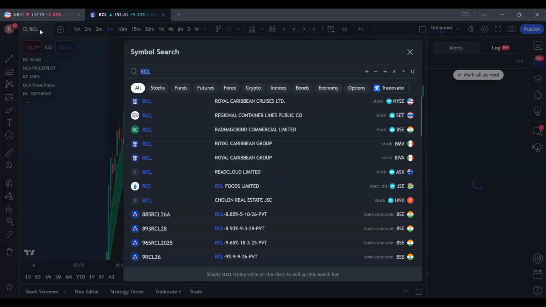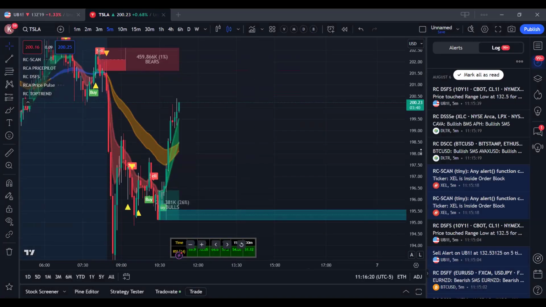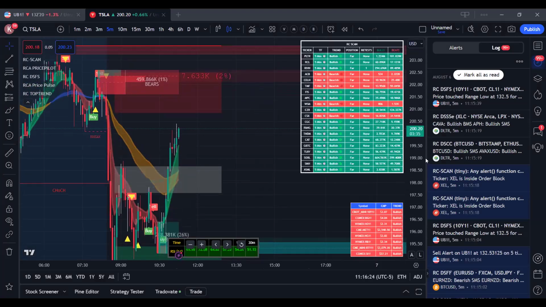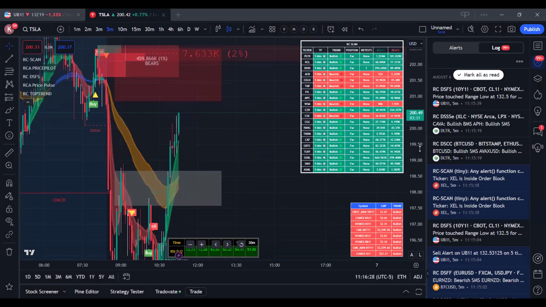Yeah, Tesla. Yeah, you can take profits on Tesla. Or again, as I said, based on your risk, if you want, you can hold 20%. Right?